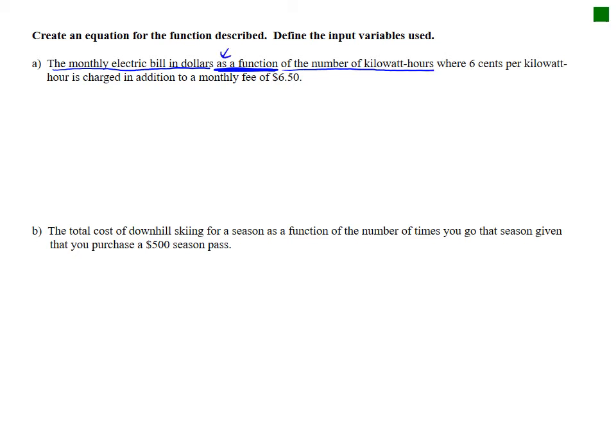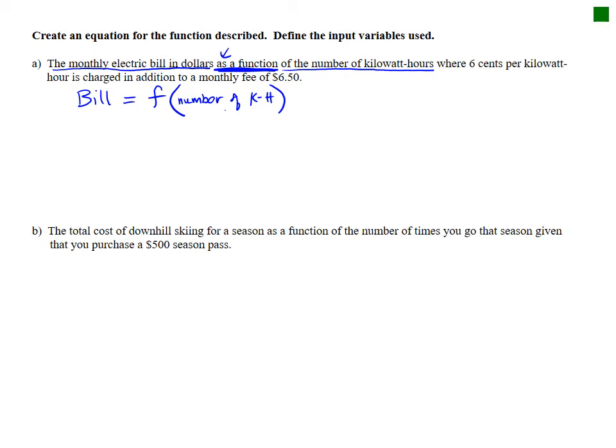So as is kind of like saying is. So the bill is being described as a function of the number of kilowatt hours, so I'll just say kH for kilowatt hours that are used.